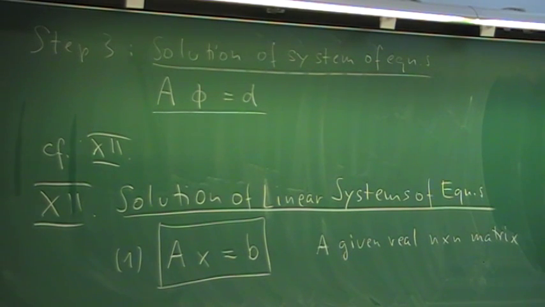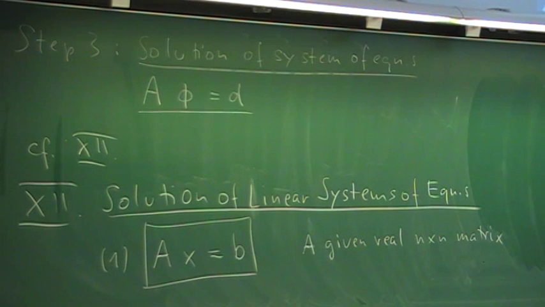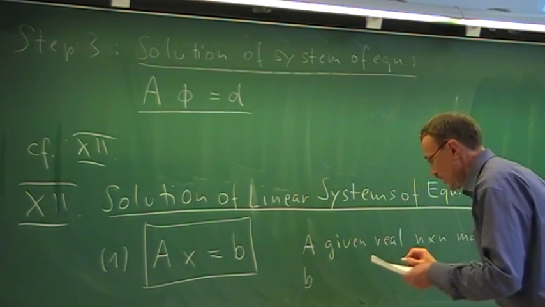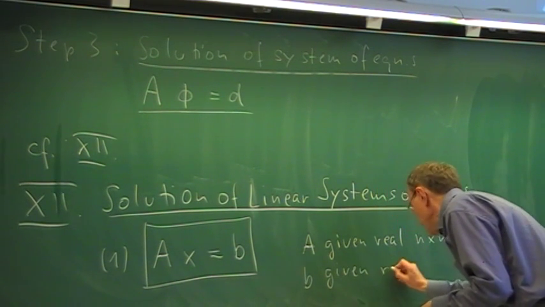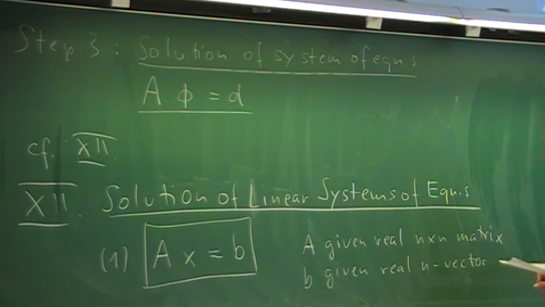For the problem that we were considering before, the little n would be ni plus 2 times nj plus 2, the number of unknowns. That is given, and what is also given is a real n vector. And the solution is x.